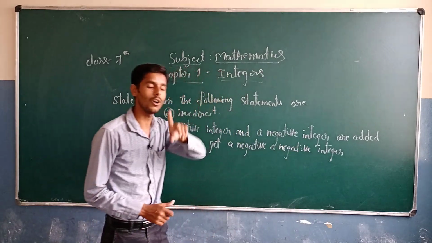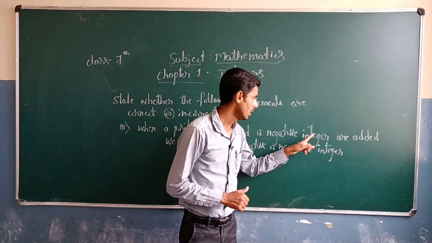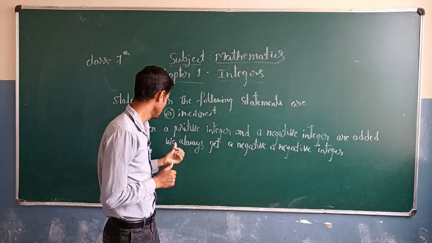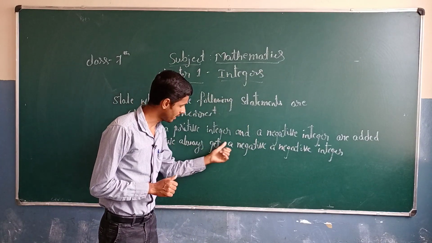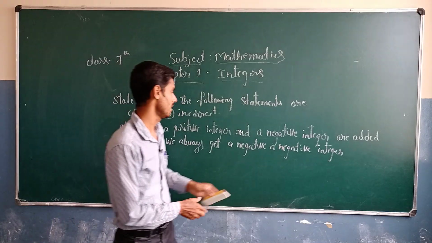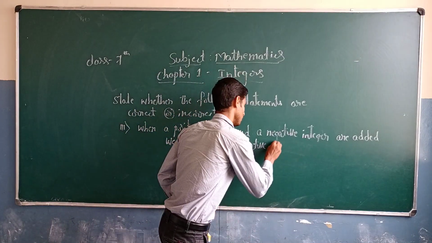So one integer is positive, another integer is negative, and when we add those two integers, we always get a negative integer.